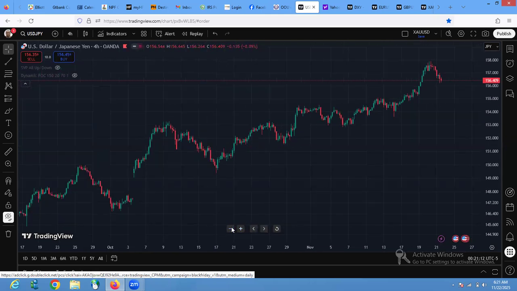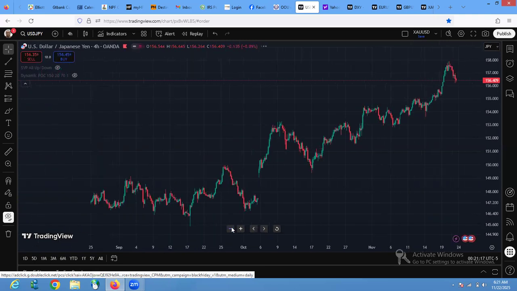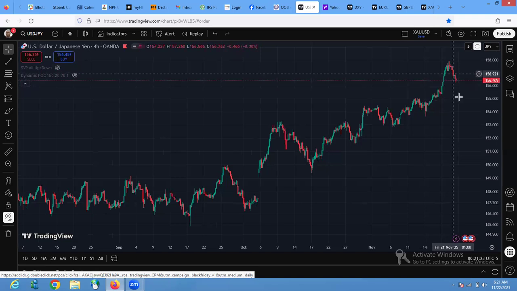The last part is behaving in a similar fashion. We might be seeing a more complex correction, either an A, B, C. This may come down a bit, then bounce up to give us a B wave, then a C wave for us to turn up again. But if the structure changes, we would know.